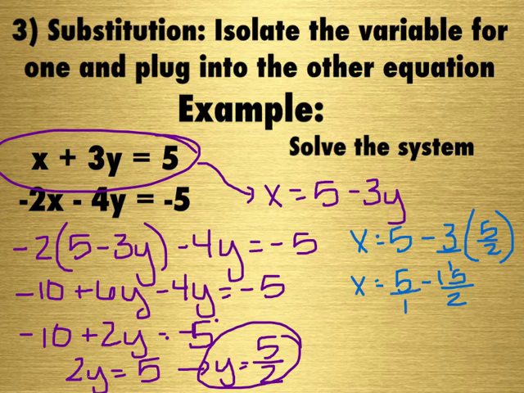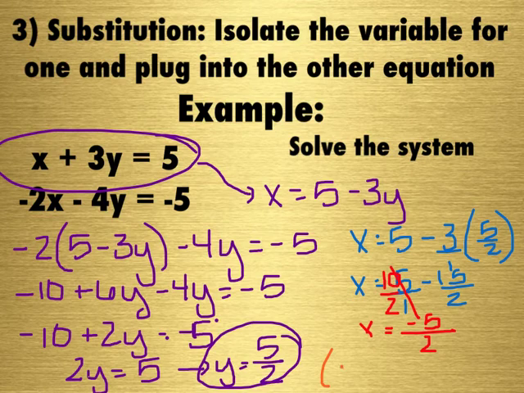We need to give them common denominators. So we'll multiply 5 over 1 by 2, and that will get us 10 over 2. So x is going to equal 10 minus 15, that's negative 5 over 2. So when we write our ordered pair, we will have negative 5 over 2, 5 over 2. And that is our solution.